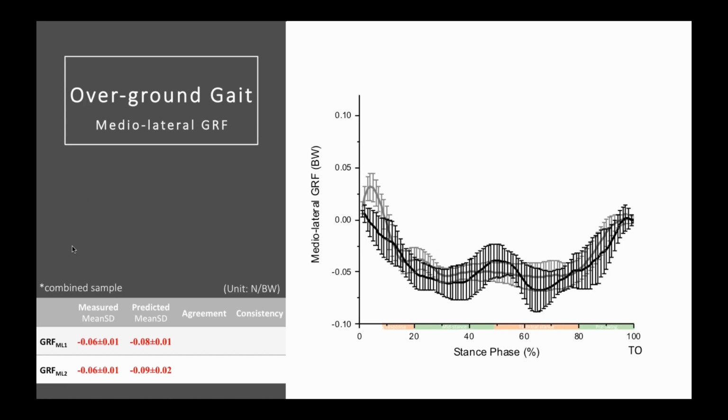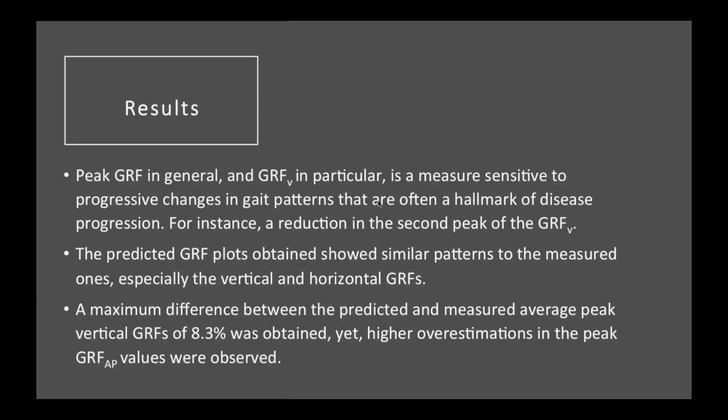Mediolateral ground reaction forces, we had greater deviation between the two, and I'm going to talk about why the mediolateral ground reaction force prediction wasn't as accurate as the vertical and anterior posterior ground reaction forces. As I mentioned, the peak ground reaction forces, and the vertical ground reaction forces in particular, are a measure sensitive to progressive changes in the gait pattern of the disease.